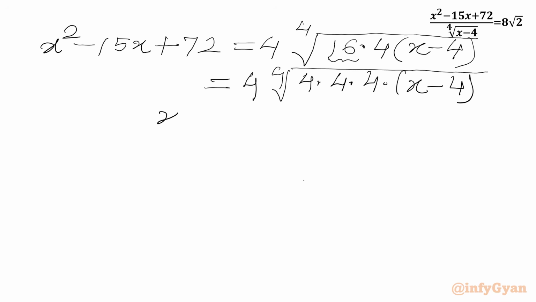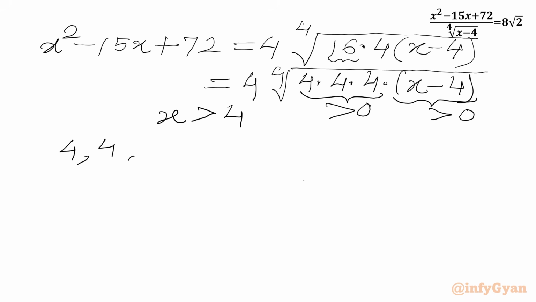We have the condition that x should be greater than 4, so this quantity is always greater than 0. The rest of the numbers are positive. So we will consider 4, 4, 4 and x minus 4, and let's find out the AM and GM of these 4 numbers.